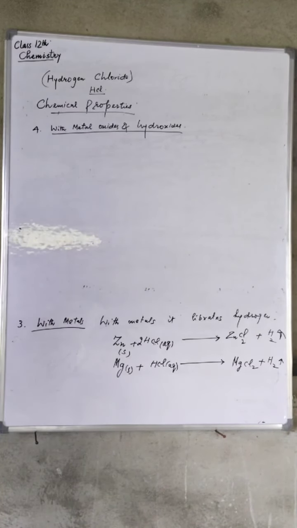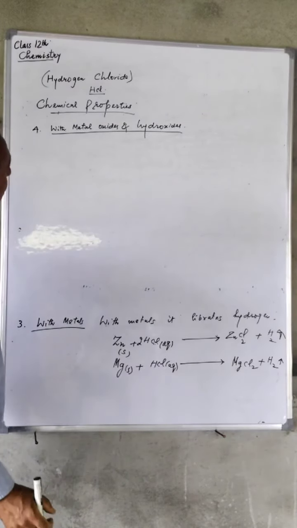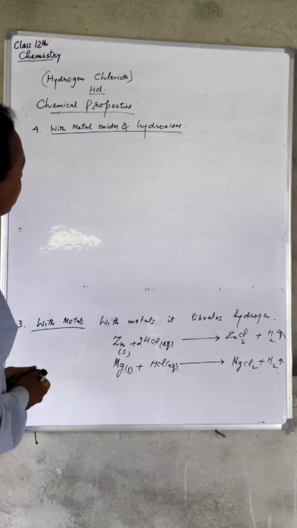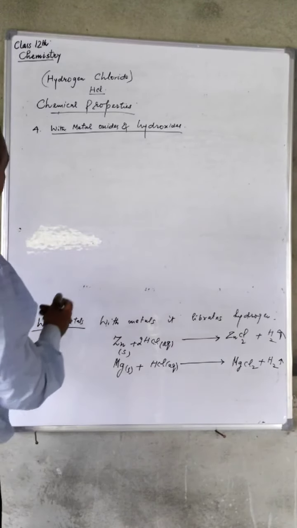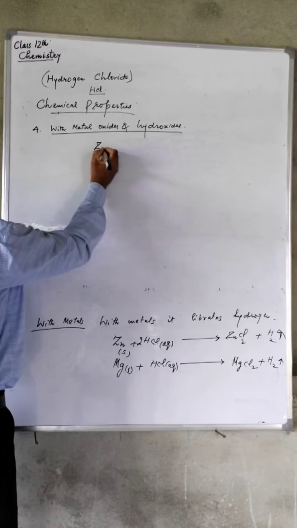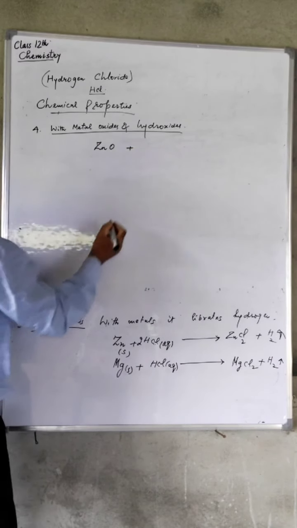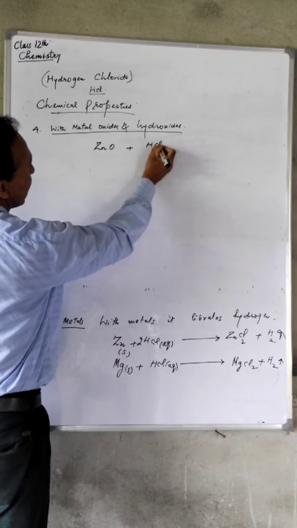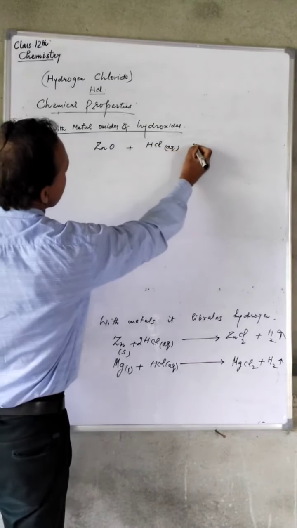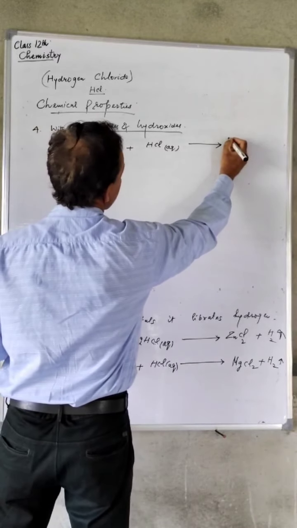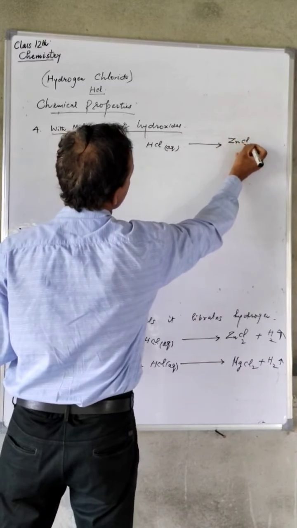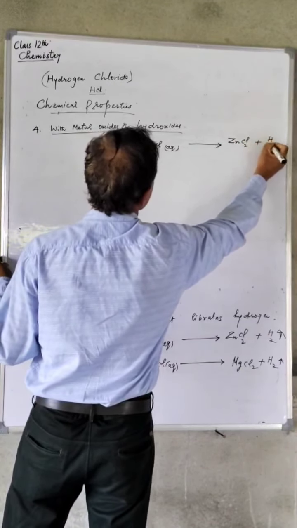It reacts with the basic oxides as well as the hydroxides. For example, we take zinc oxide, this is the metal oxide, and HCl in the aqueous solution, it forms ZnCl2 plus H2O.